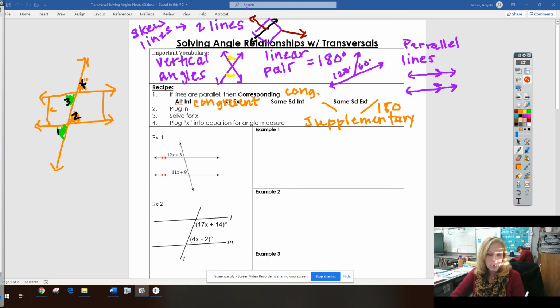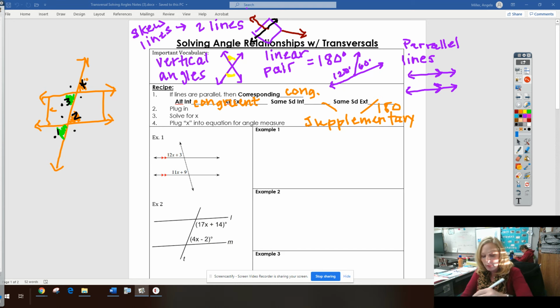So all 4 of those angles are congruent. So if you know this angle down here, then you will know this angle right here. So once you kind of get to know that those are all 4 congruent, then that means these on the opposite sides are congruent with each other. And that means any of those 2 angles that add together are going to be supplementary.